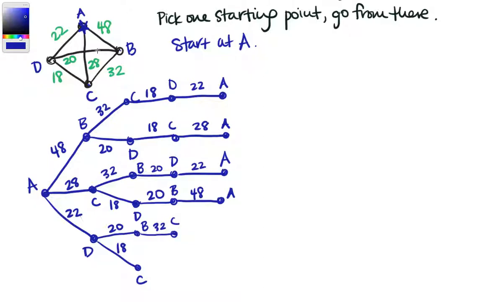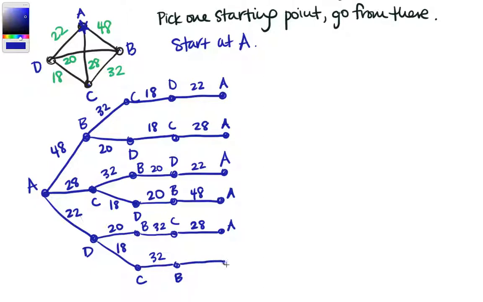And the only option, if we've gone A, D, B, C, to complete the circuit is to go back up to A. You'll notice the last edge in all of these is always the edge that takes you back up to A. And now the last branch here goes A, then D, then C. Now our only option is to go up to B. The weight of the edge from C to B is 32.